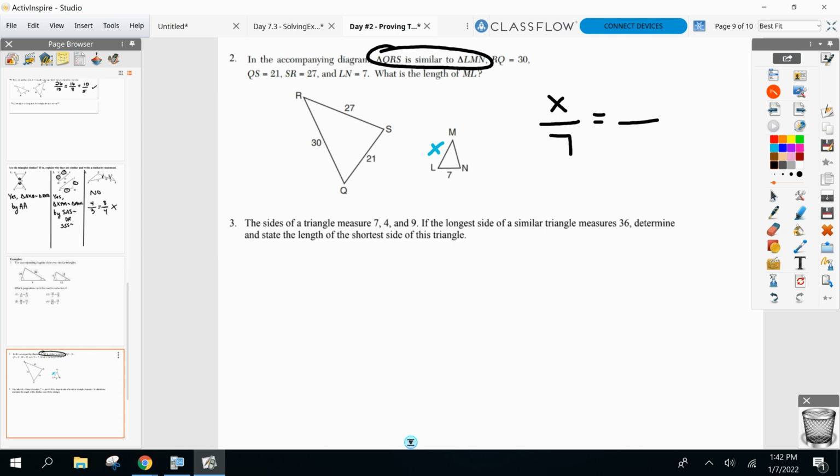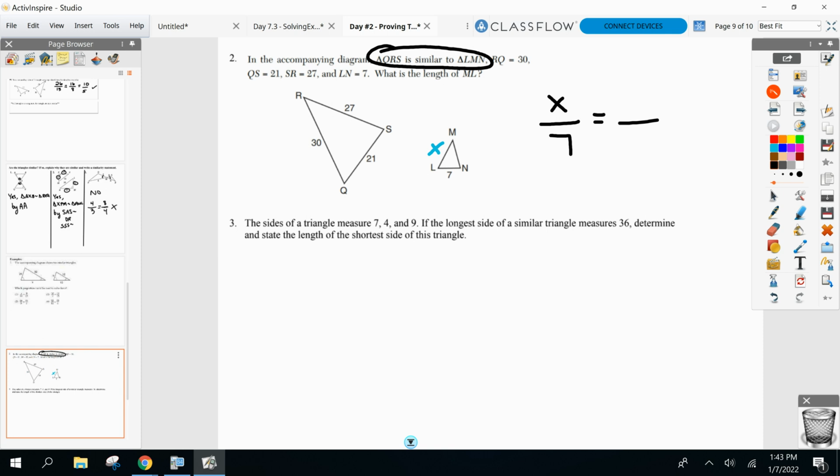What does X correspond with on the bigger triangle? And again, here we go, right? I can't visually move that. I don't want to visually move it. So you know how I have my little cheat code? Use the statement. Remember doing that for congruent? ML. ML should be equal to what over here? Look where M and L are in the statement.